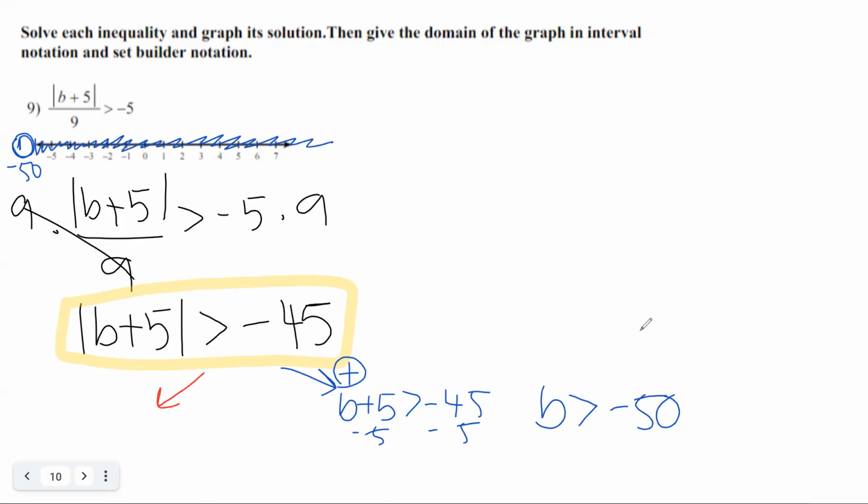And let's check the negative. It would be b plus 5 is less than 45. This negative gets multiplied to that, changing the direction of the sign, and a negative times a negative becomes a positive. This leaves us with b is less than 45 minus 5, 40.